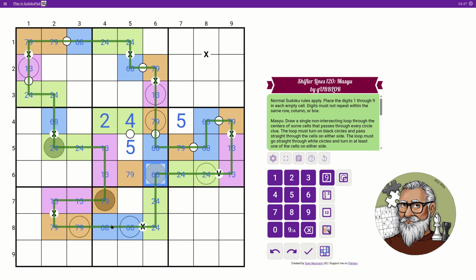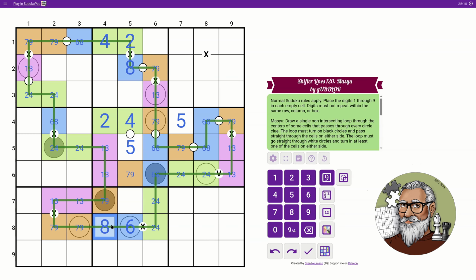That's interesting. Oh, right. I continue. So this becomes an 8. 8 doesn't help me. Could be 7 or 9. Oh, this becomes a 6.